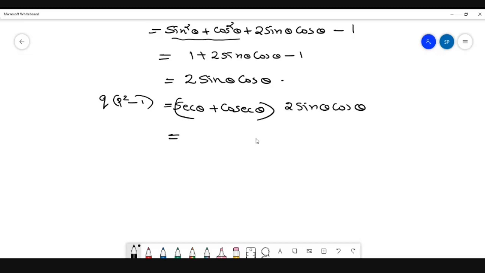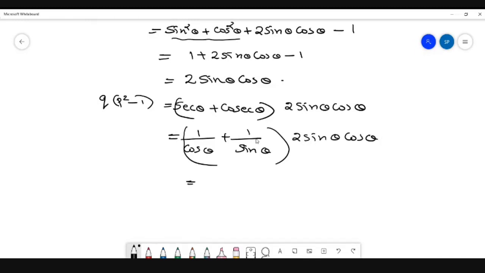Now we convert sec theta, that is 1 by cos theta. Cosec theta is 1 by sin theta, into 2 sin theta cos theta. Okay. Now simplify: 1 into sin theta plus 1 into cos theta by cos theta into sin theta, into 2 sin theta cos theta.